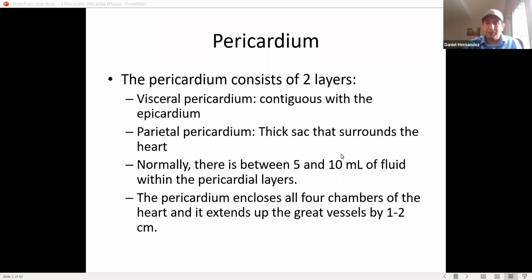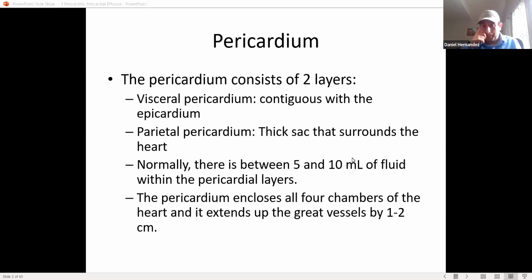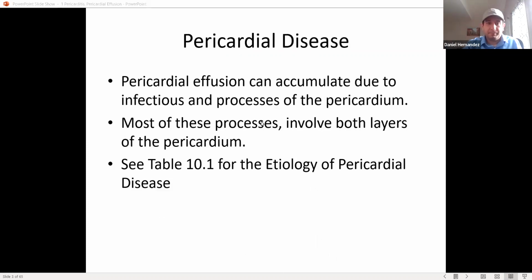The pericardium encloses all four chambers of the heart and actually extends up the great vessels as well, up the aorta and up the pulmonary artery. When we talk about pericardial diseases, these diseases can cause effusions to accumulate due to the infectious process involved in the pericardium.